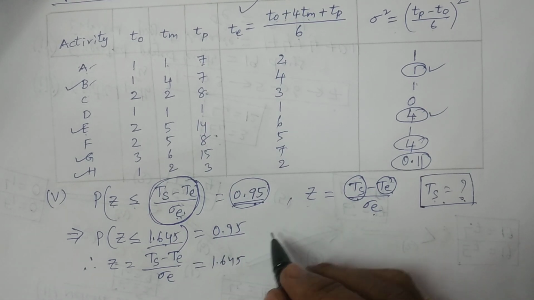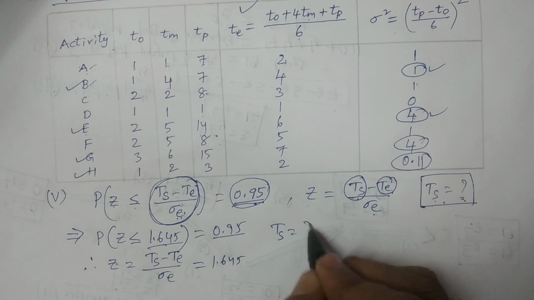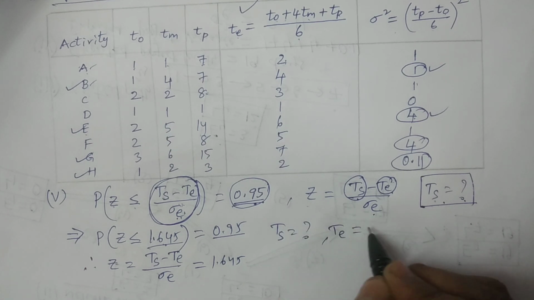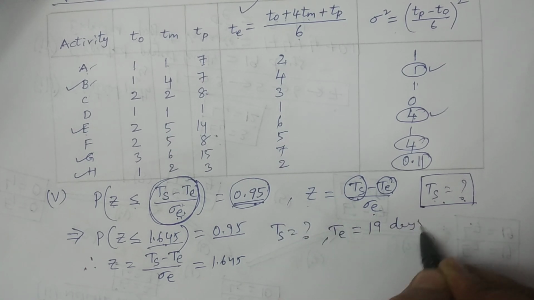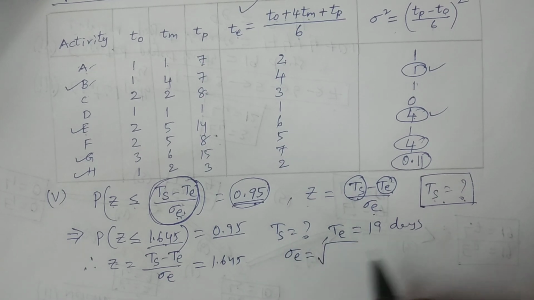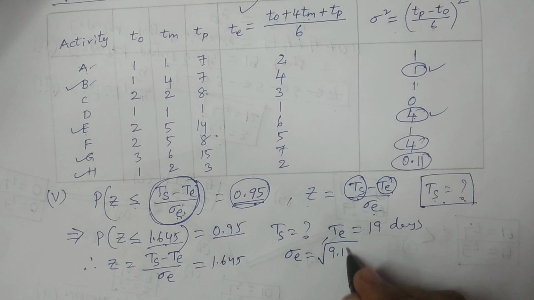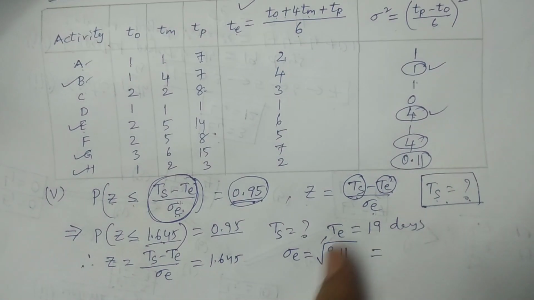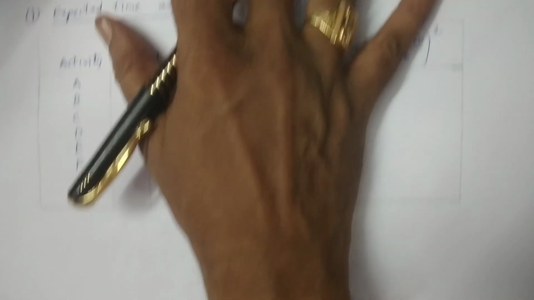Now what values do you have to write? Ts is the question mark, and Te is equal to 19 days. Sigma E is equal to the square root of 9.11. I'll show both these values, Te and sigma E, on the next page.